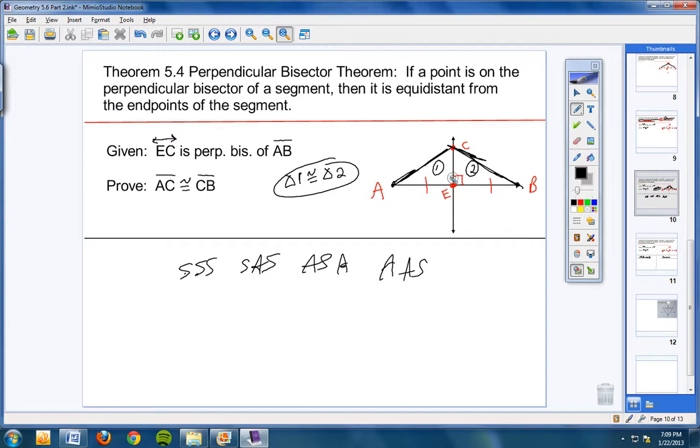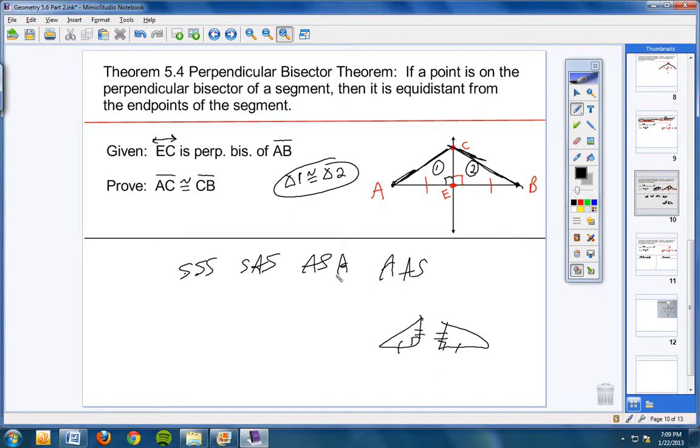I've got an angle, 90 degrees, congruent. So I have a triangle like this and a triangle like this. I've got this side congruent to this side. I've got this angle congruent to this angle. And don't they share this side right here? You see how they share this side? Hey, I've got side, angle, side. Side, angle, side.